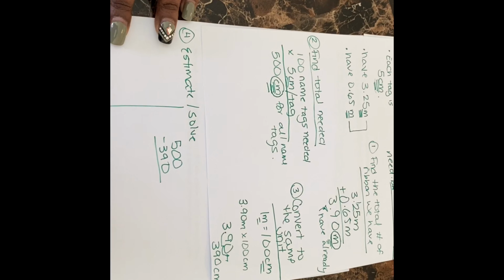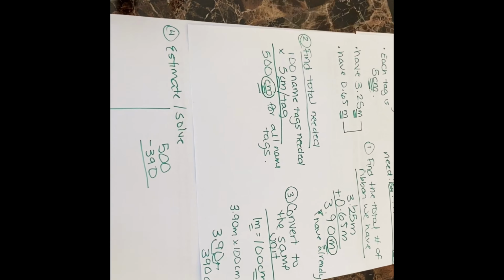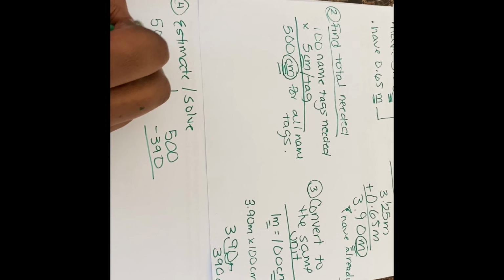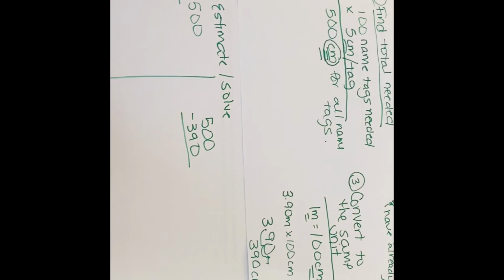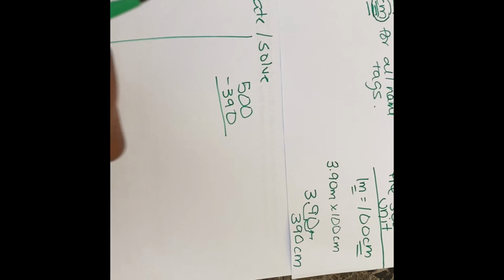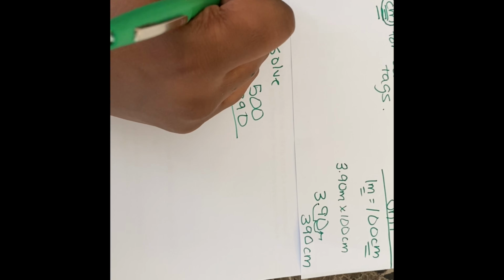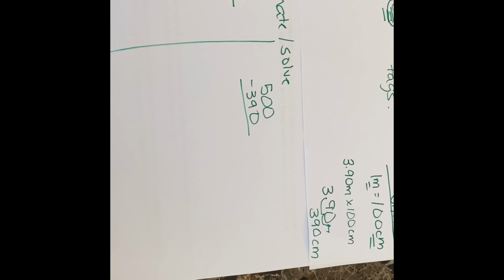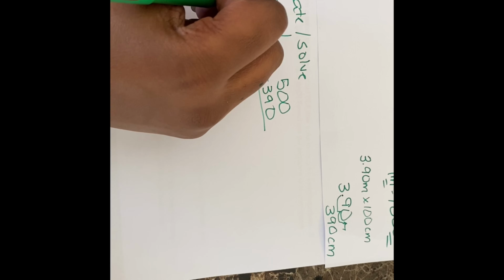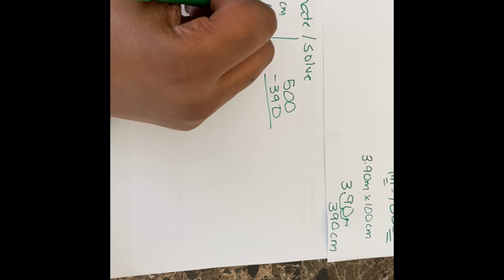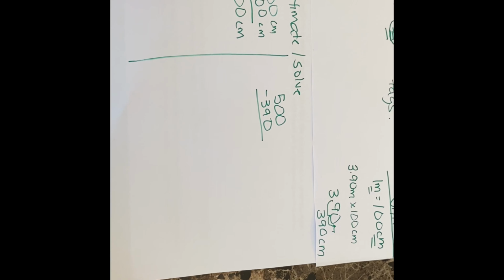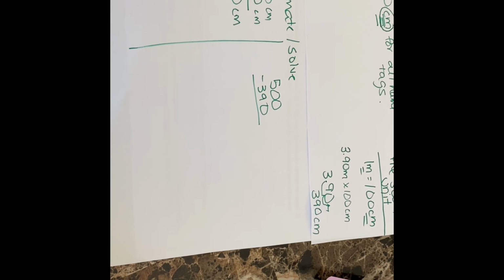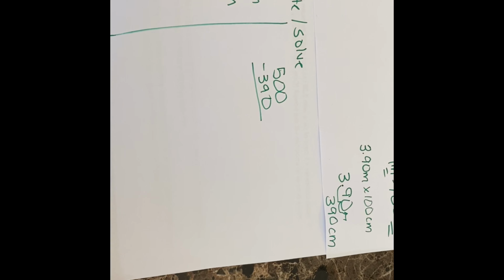That will be our actual. But before that, we are going to estimate. So I'm going to keep my 500 the same. My 390 will estimate to 400, because it is much closer to 400 than it is to 300 or to 350. We know that 500 centimeters minus 400 centimeters is 100 centimeters. So our estimate is that we'll need about 100 centimeters to make the additional ribbons.